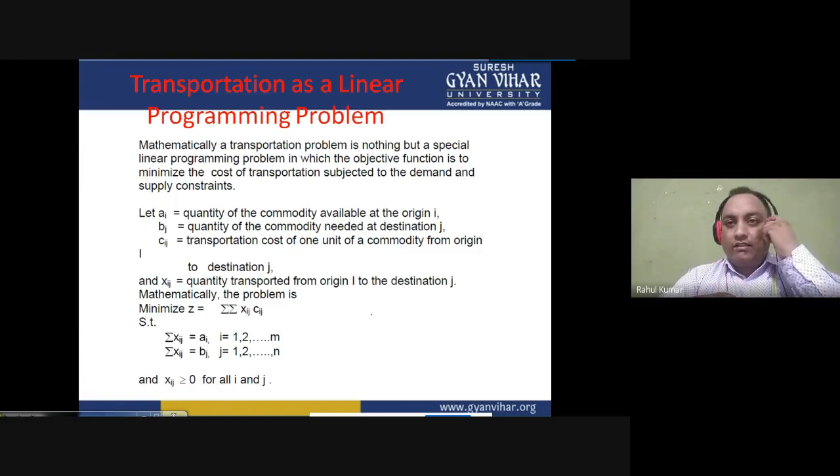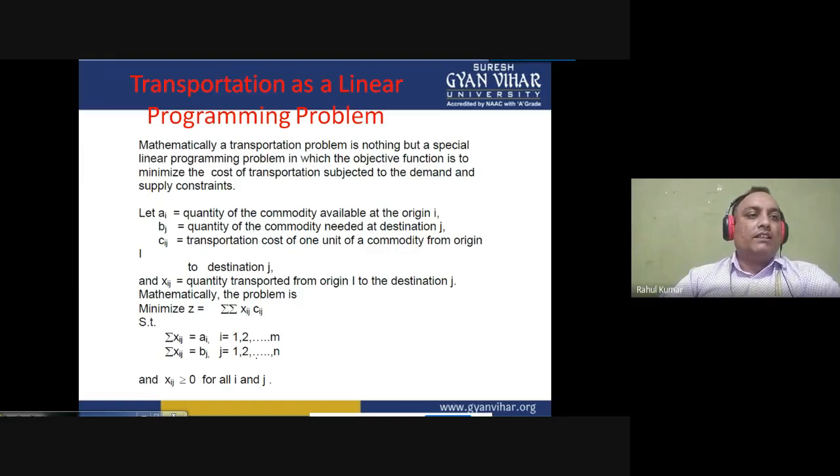So here is one example. Suppose you want to send one piece of mobile from Delhi to Alwar, then the transportation cost of the mobile is very high. If you want to send 10,000 mobiles in one trip, then the transportation cost per mobile is very less, right?